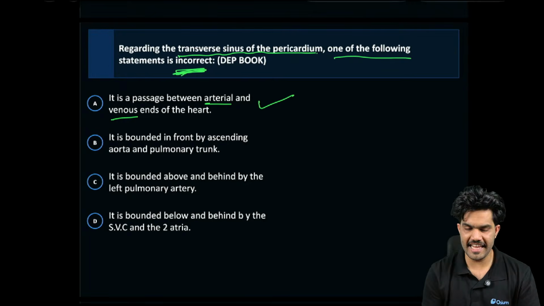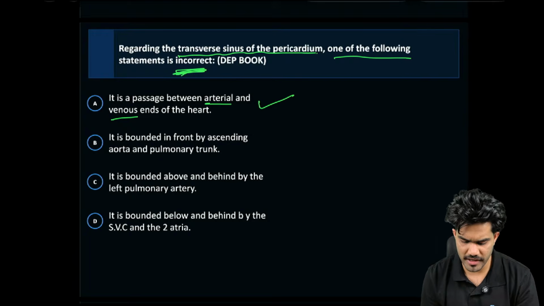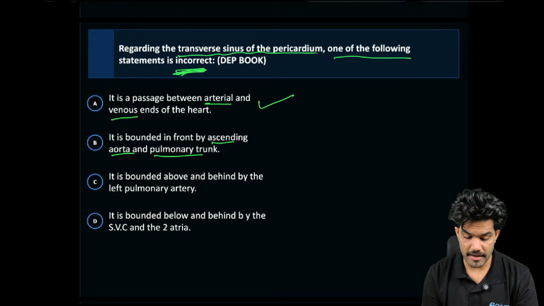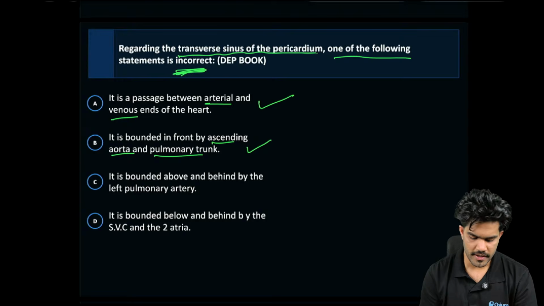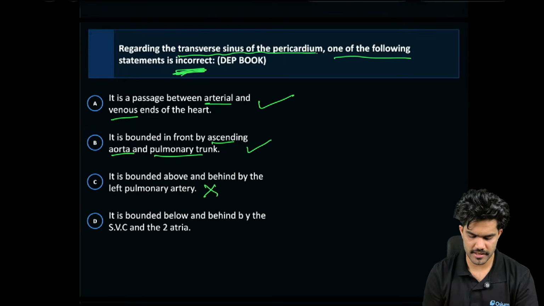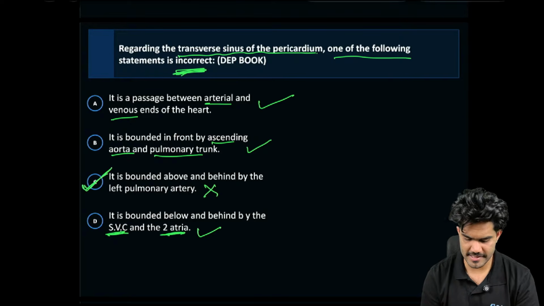So it is the passage between arterial and venous end of the heart. It is bounded in front by ascending aorta and pulmonary trunk. Yes, the same thing I have told. It is bounded above and behind by left pulmonary artery. No, wrong answer. It is bounded below and behind by the superior vena cava and the atria. Yes, it is also true. So the answer is C, which will be the false statement.